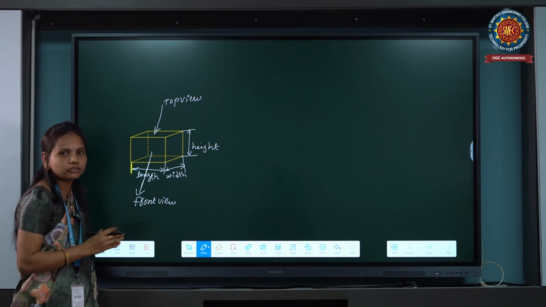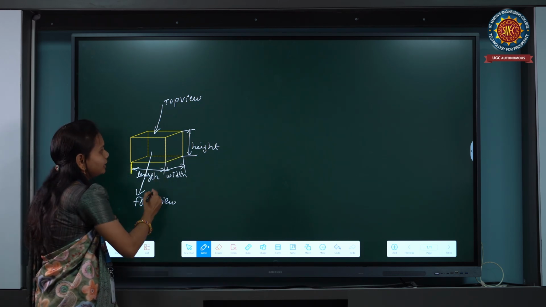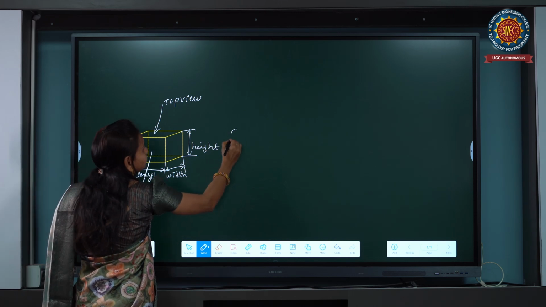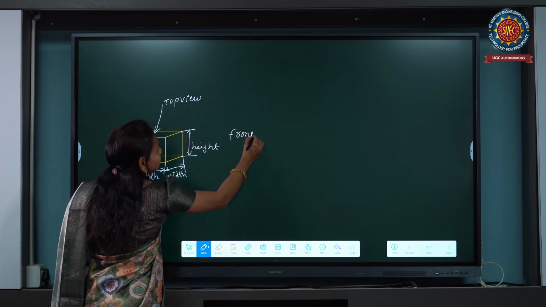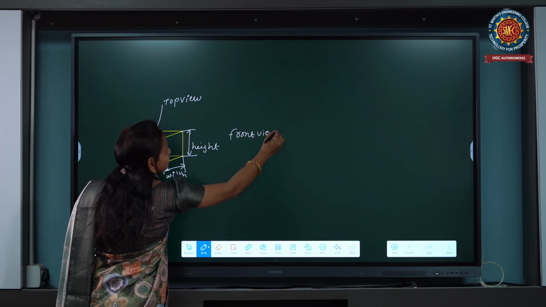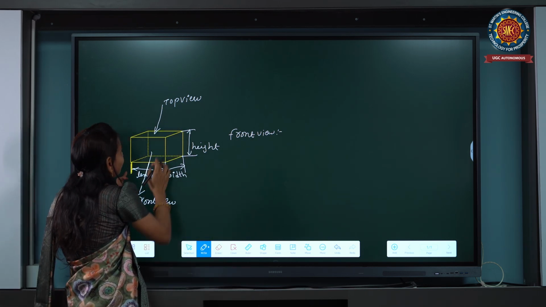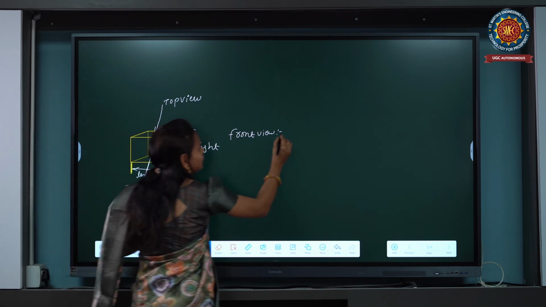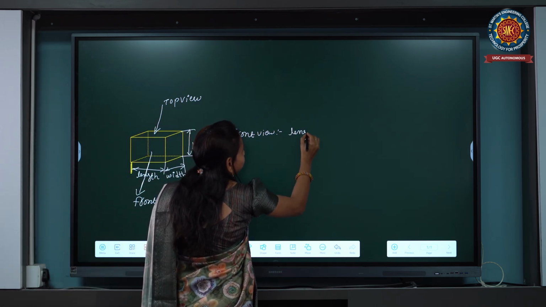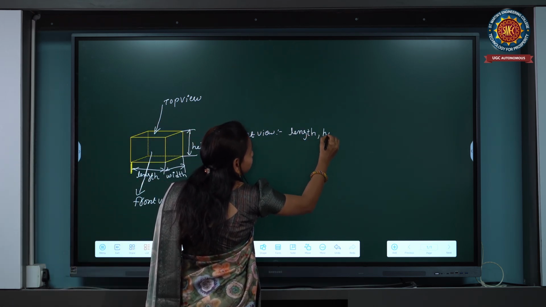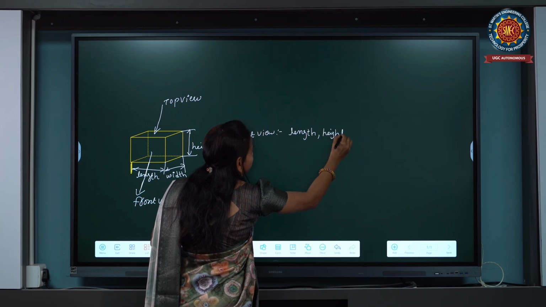So what is front view and what is top view? Front view is represented as length, height.